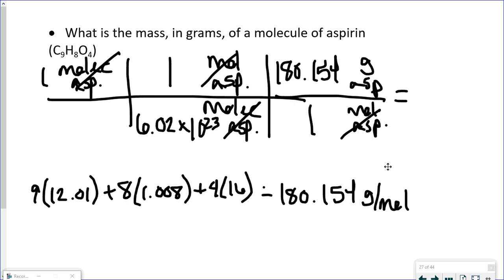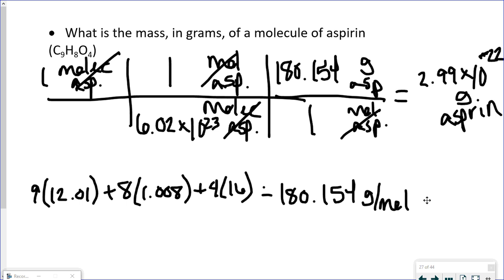So our calculator answer is 2.99 times 10 to the negative 22nd grams of aspirin. Now remember, that is a very small decimal number, so that is a good assumption. Because we were not given an actual number to start with, we do not have to worry about sig figs in a problem like this.